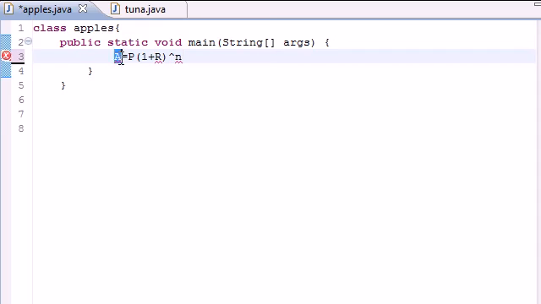So we want to solve for A, and what we need to do is find P, the principal, 10,000 times 1 plus 1% to the power of n, the number of years.